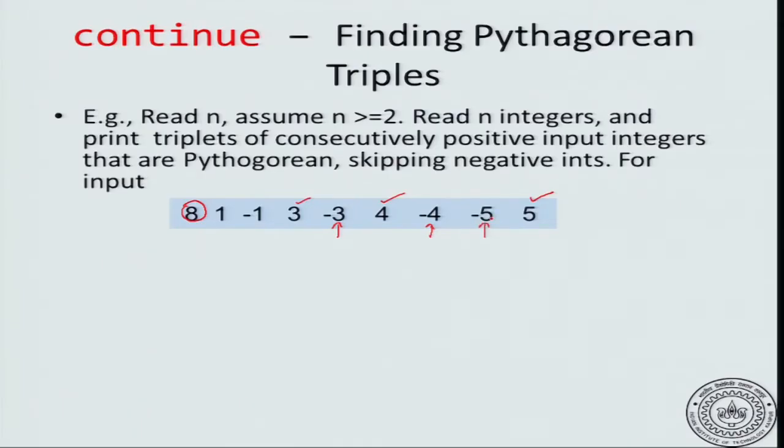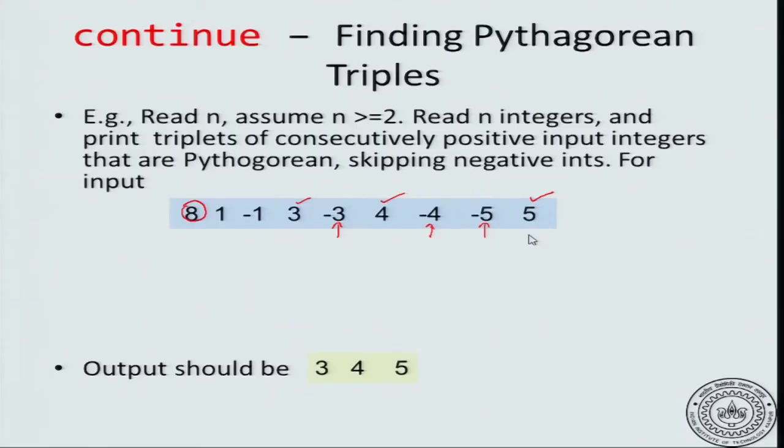So, consecutive in this context need not mean that they occur together, it just means that if you ignore the negative numbers in between, then they are together. Okay. So, we have to identify all such Pythagorean triples. So, in this case, the Pythagorean triple in the input sequence is 3, 4 and 5.